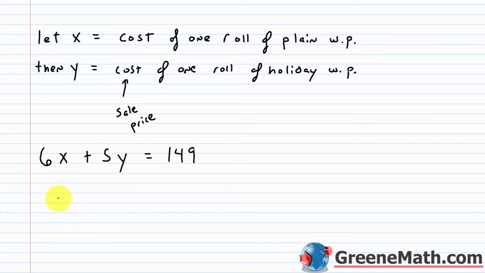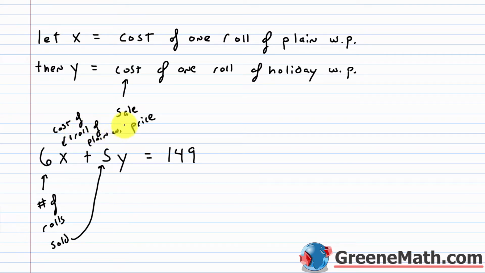And let's label this so we don't get confused. So 6 represents the number of rolls sold. And so does 5. So let me draw a little arrow over to 5. For x, this is the cost of one roll of plain wrapping paper.